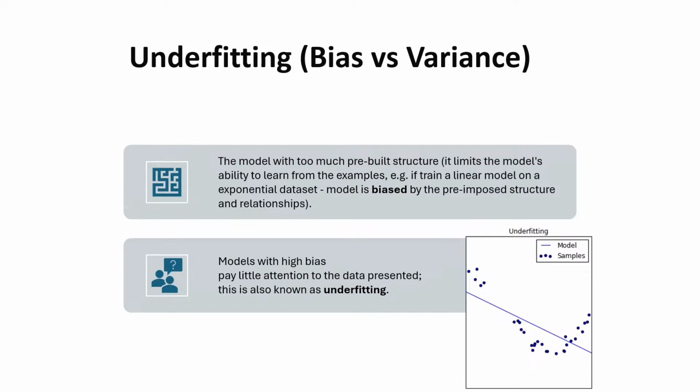So we can, for example, see here samples in the data set, and here is the linear model. For example, we would like to approximate these points, samples, using a linear function. That's impossible, because a linear function has its limitations.